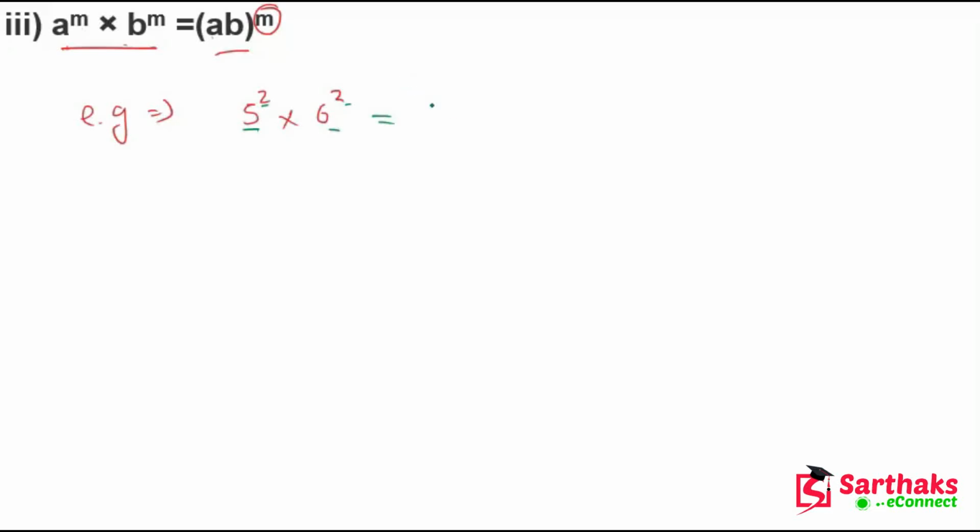The result is 5 into 6 whole raised to power 2, which becomes 30 raised to power 2. We can write the expression like this. These are the rules of exponents.